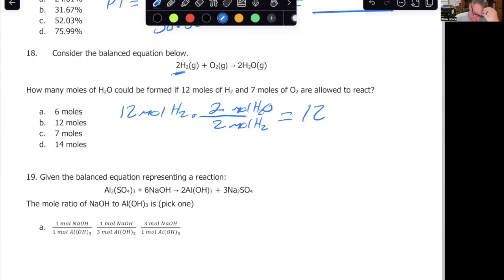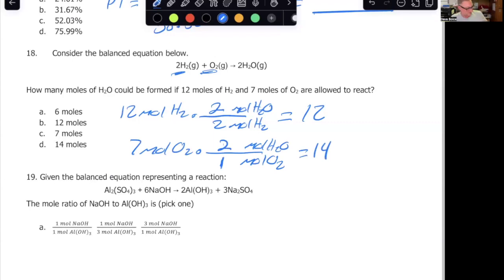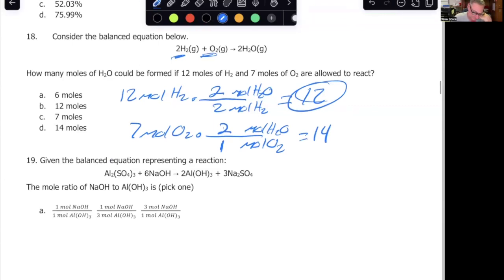So 12, and then 7 moles of O2. Bring your unit down. So H2O is going to stay at 2, and O2 is a 1. So this is actually 2 over 1. So 7 times 2 equals 14. So I can't really make 14 because I'm going to run out of H2. So therefore 12 moles is the most I can make, and also my theoretical yield.